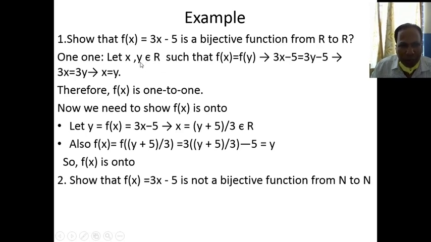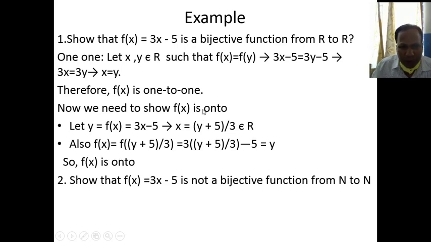Let us say x and y are any two arbitrary elements belonging to the domain R, such that f(x) is equal to f(y). Thereby we get 3x minus 5 is equal to 3y minus 5. So cancelling minus 5 from both sides, we get 3x is equal to 3y, and hence x is equal to y. So assuming that f(x) is equal to f(y), we prove that x is equal to y. So the function is 1-1.